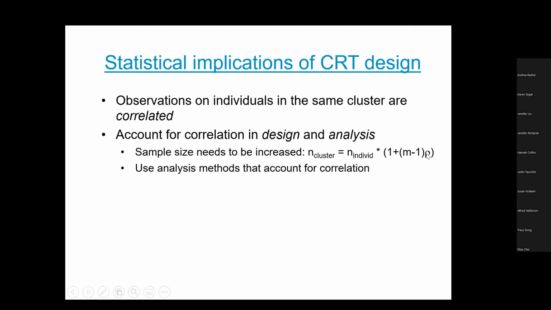There's no simple answer. In the best case, there is literature in this area where people have looked at this and been able to provide estimates of rho in a similar setting that you can use as a basis of your sample size calculations. You might have some preliminary data from various clusters that would allow you to estimate the correlation within clusters.